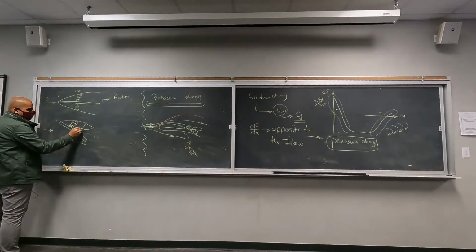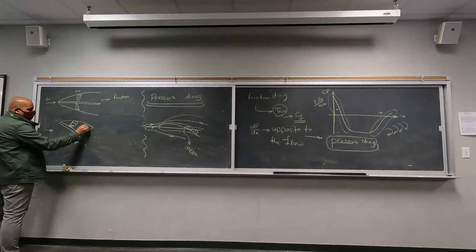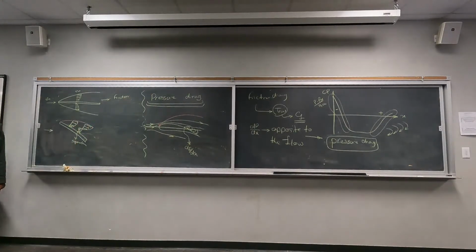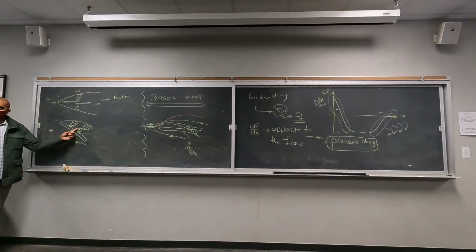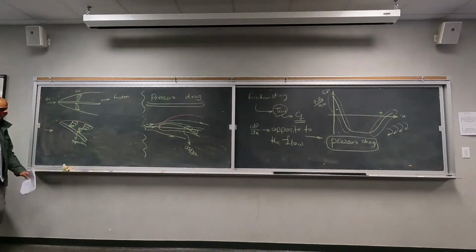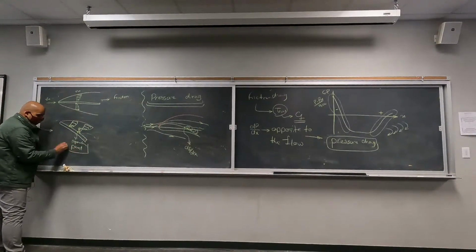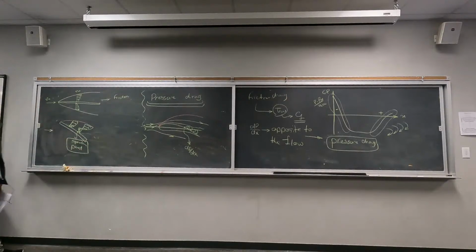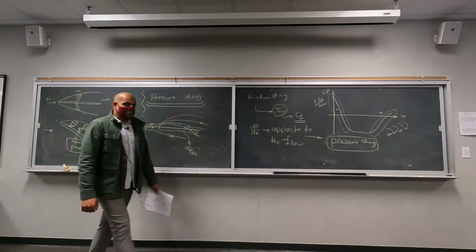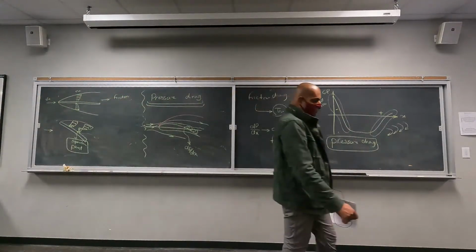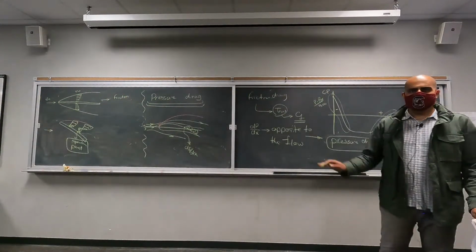So some part of the fluid is going in the other direction, right? So higher pressure here, lower pressure here. If you have a separation point, you are going to experience pressure drag, right? If not, you will have the friction drag whenever you have boundary layers present. Okay, is this clear now?